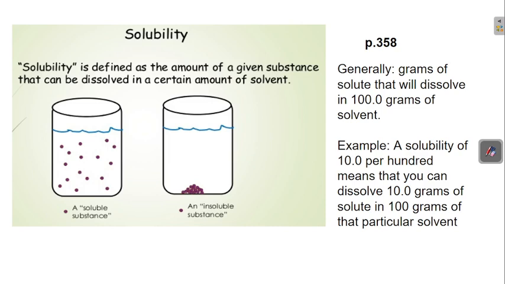So basically a percentage. For example, this is a soluble substance. Soluble means it dissolves in this liquid. It's floating around, surrounded by the liquid. This is an insoluble substance. It's not dissolved in this solvent. It's precipitating at the bottom. There you go.